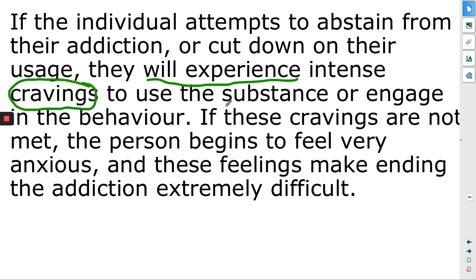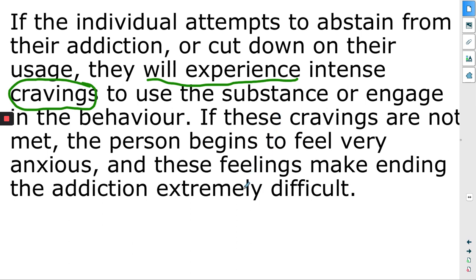Now, you might also be familiar with this because maybe during Lent you've given up chocolate or cake or one of the things that you really like and you feel that you would really enjoy. The moment you stop it, you start thinking about it, you start wanting it, you start craving it. Okay?